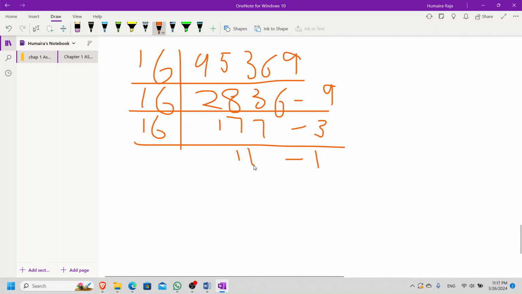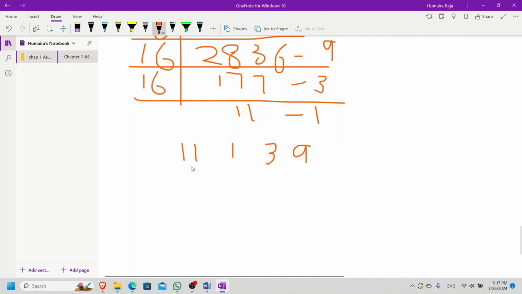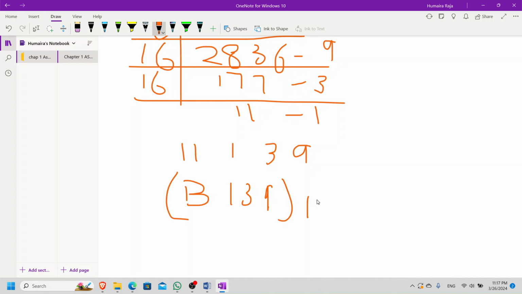So now this cannot be divided any further because 11 is smaller than 16. So finally we got 11, 1, 3 and 9. Instead of 11 we will write its equivalent value, that is B, 1, 3 and 9, and this is our hexadecimal number.